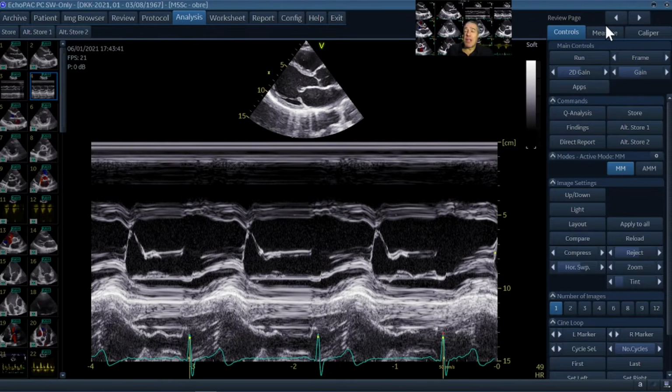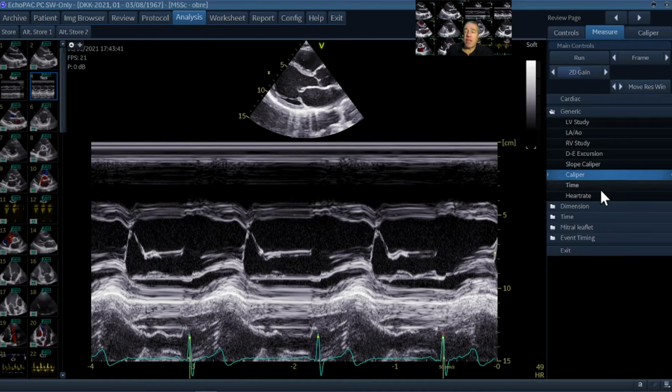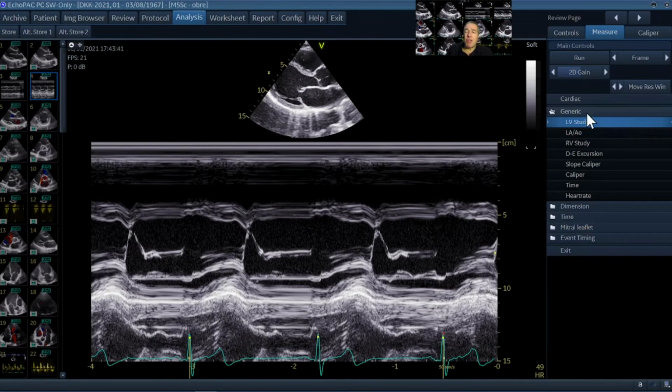Again, you open the measurement menu, and now you can, for example, do this LV study. You can choose the single values under the sub-menu dimension, starting with the interventricular septum in diastole. But you can also, here in the GE version, have LV study, and that directs you first to measure the anterior point of the septum in end diastole.